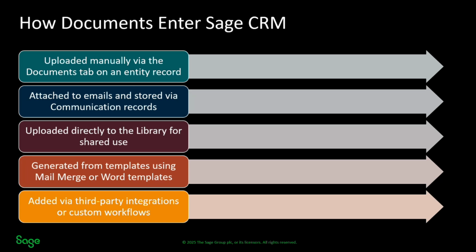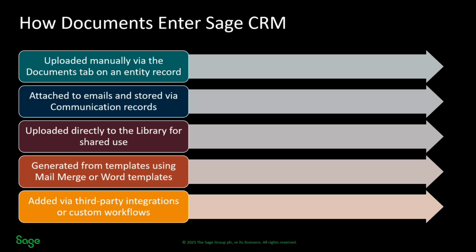We can see that documents can be added into the system by attaching them to emails and storing them via the communication records. What we haven't looked at in this lesson, but is covered in another lesson, is the upload directly into the library for shared use.